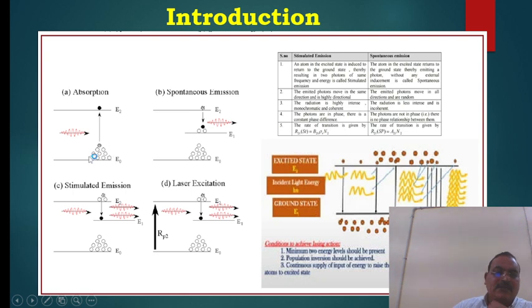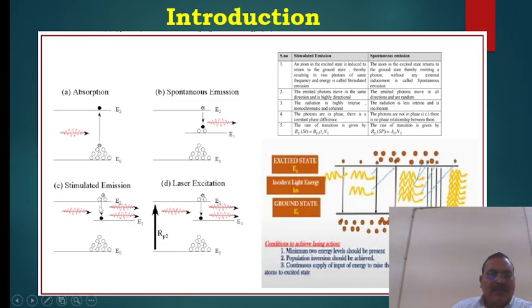One more thing. Generally, the number of atoms in the ground state is more than the number of atoms in the excited state, and this is the case for absorption and spontaneous emission. But in stimulated emission you have a different phenomenon, because there is ground state E0, E1 becomes the metastable state, and E2 is your upper excited state.